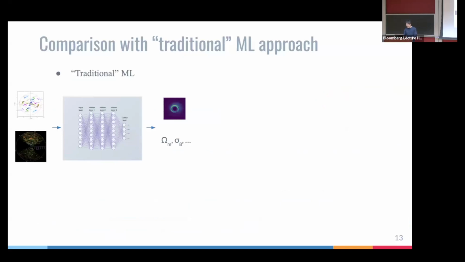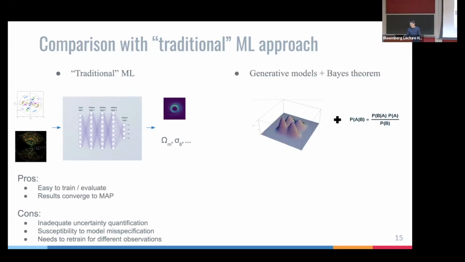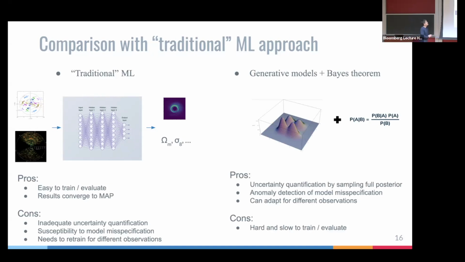I just want to briefly compare this approach to the more traditional ML approach, or supervised way, where you just learn a neural network, which is sometimes viewed as a black box that takes in the input data, the large-scale structure, and magically gives you the cosmological parameters. Here I'm showing some comparisons between these two approaches.